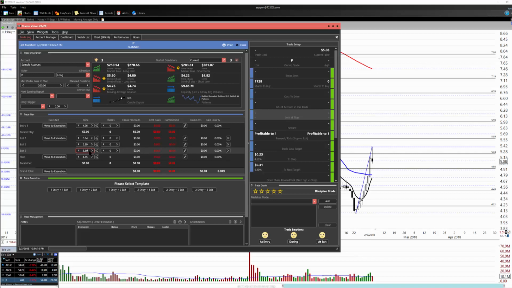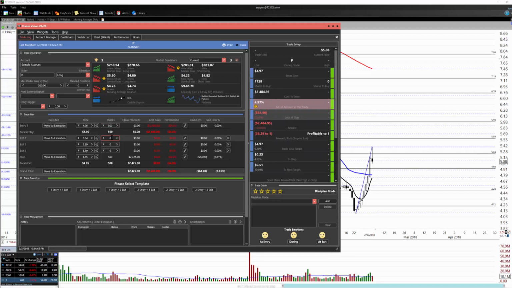First of all, it says we can trade 1,700 shares to still have a $200 risk. But I think that's going to be too much for this account. So let's look at 1,000 shares, see what that does for us. It's probably still too much. Yeah, it's almost 10% of this account, so let's knock it down to 500 shares. Okay, still a little bit large, but we'll just go with it for now.